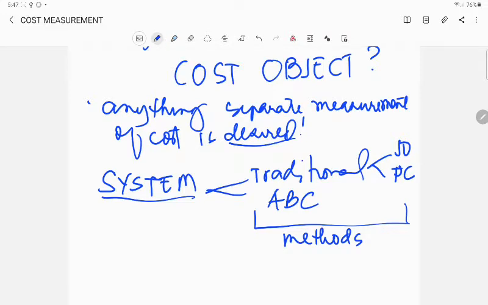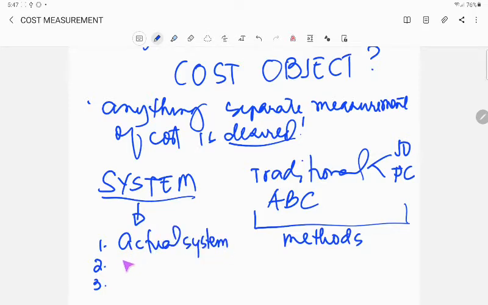And so, ang system natin ay you have actual, and then normal. Ano sa tingin niyo pangatlo?